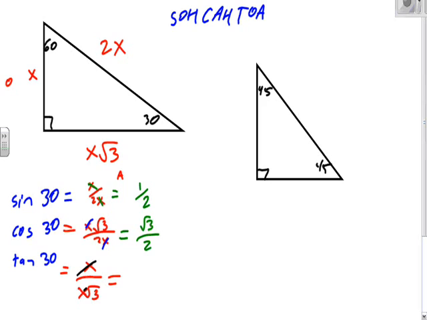Again, the x's cancel out, so we're left with 1 over the square root of 3. But you're not supposed to have square roots in the bottom, so when you multiply by square root of 3 on top and bottom to get rid of it, we're left with square root of 3 over 3.